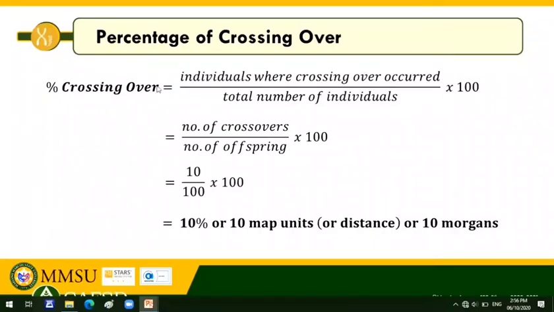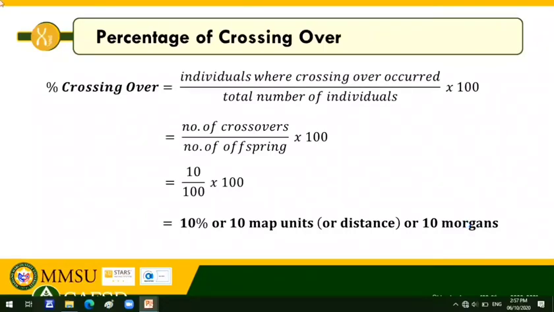So, it is computed as the number of individuals where crossing over occurred divided by the total number of individuals or offspring. So, you multiply it by 100 to convert it to percent. Alright? So, each map unit is also called percent, also called distance, also called Morgan. So, in honor of Thomas Hunt Morgan.